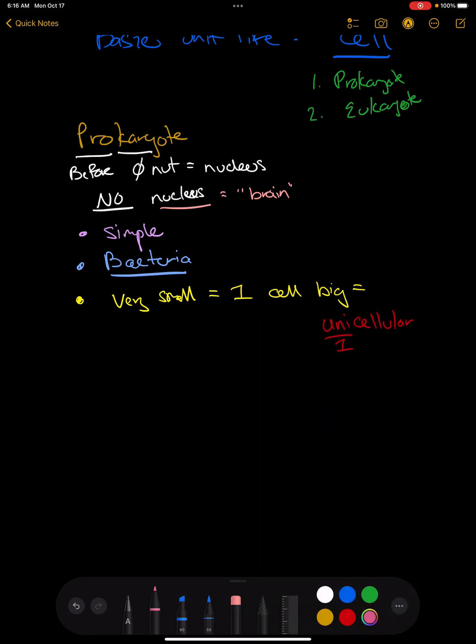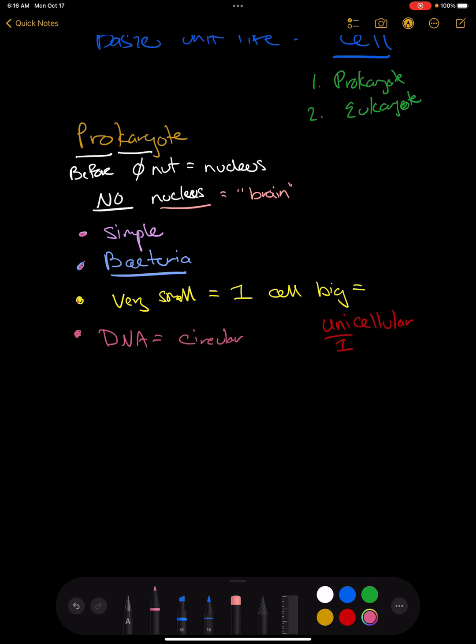Now, a couple other things about my prokaryotes besides that they're super simple, that they're bacteria, and that they're one cell big. We know that all cells have to have DNA. That's something that we've already discussed. But their DNA looks different from ours. Their DNA is actually circular.